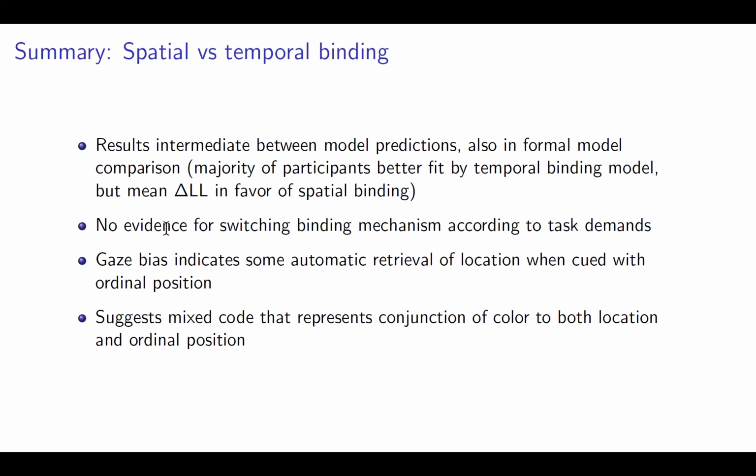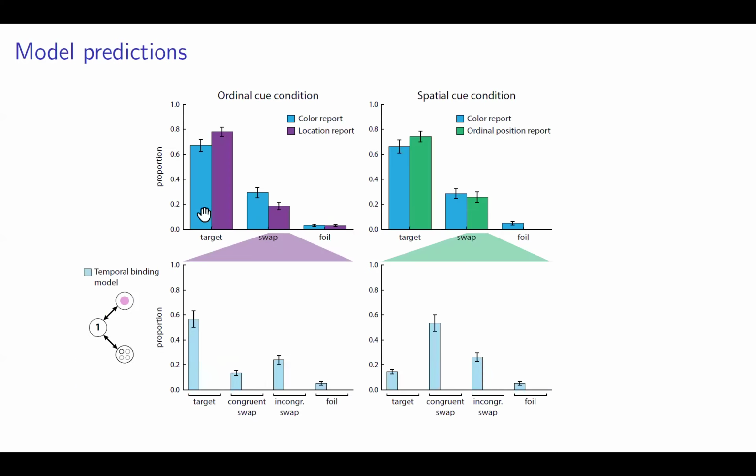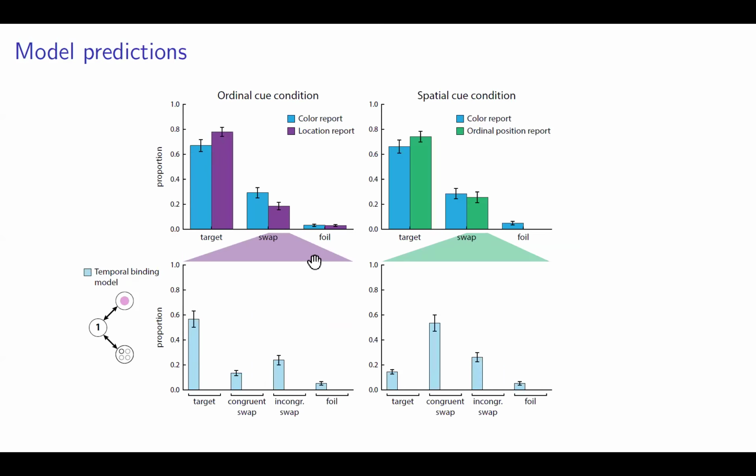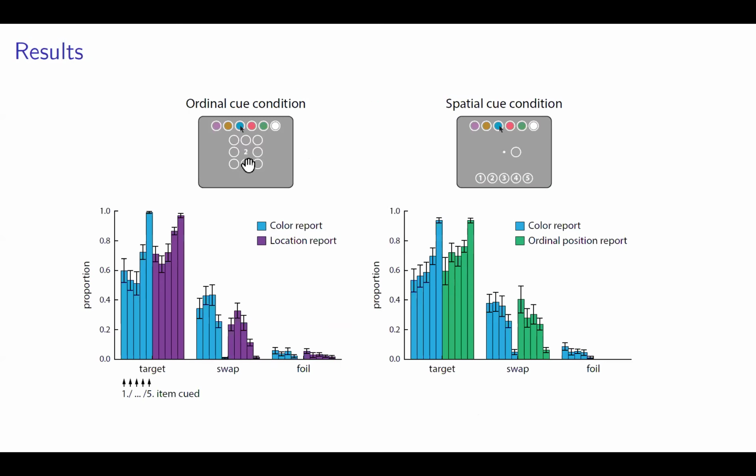We also considered another possibility, that we might just see results consistent with spatial binding if we use the spatial cue. That you would always see independent swap errors: if there's a spatial cue, you use that to retrieve both the color and the ordinal position independently.